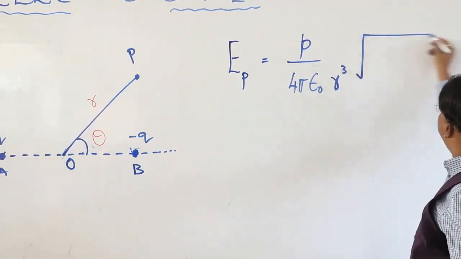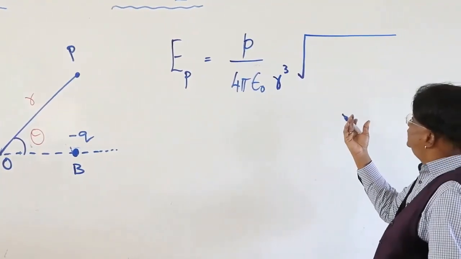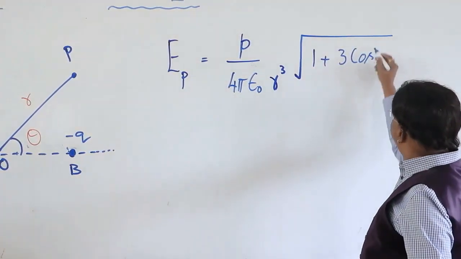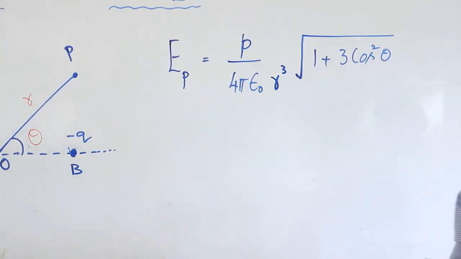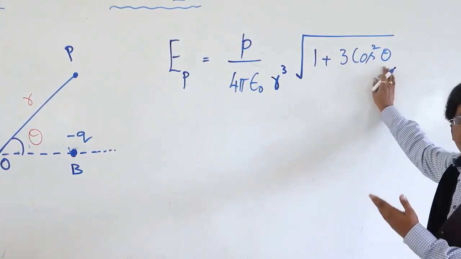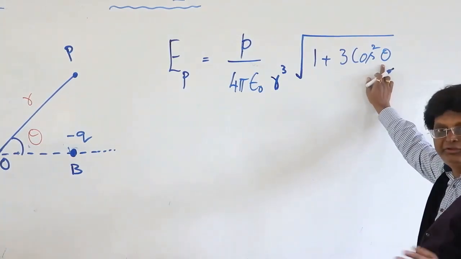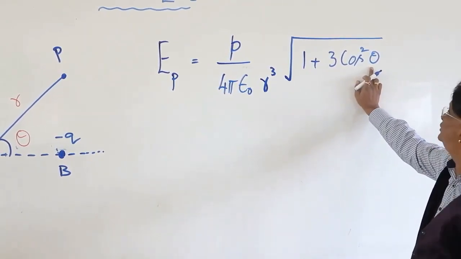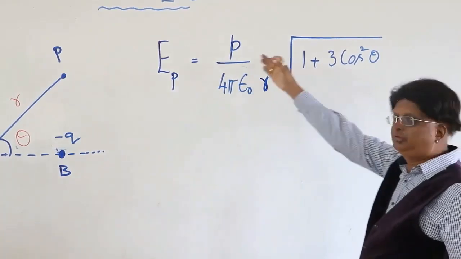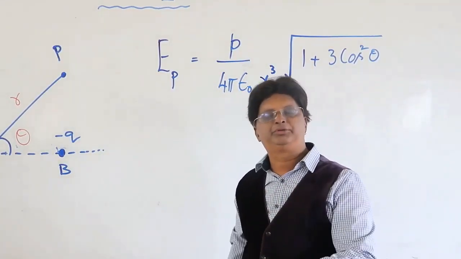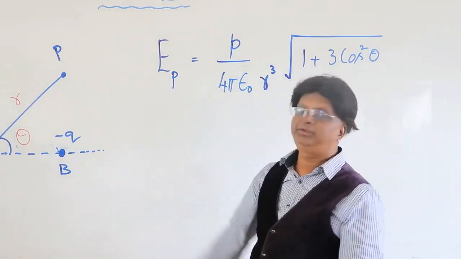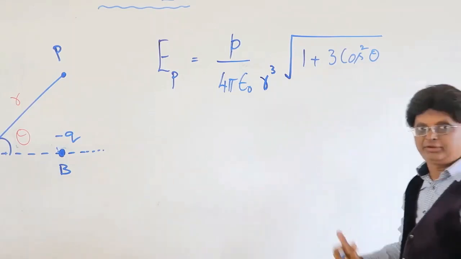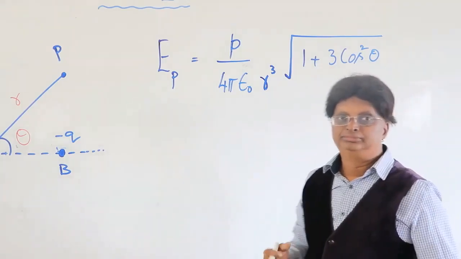Now here comes another part of this expression: root of 1 plus 3 cos square theta is the expression. Now suppose P is an axial point, then what about theta? Theta becomes 0 because the angle is with respect to the axial line. So for an axial point, theta becomes 0. Then the whole term will give the same 2kp by r cube again. And for an equatorial point, theta is equal to 90. Again this term becomes 0 and you get the same result, kp by r cube.